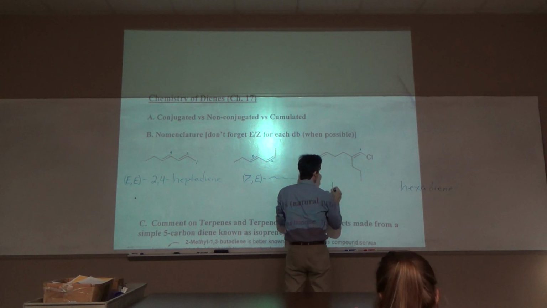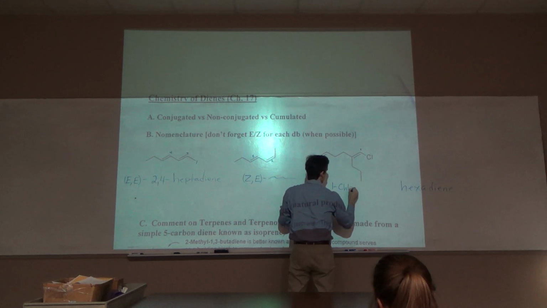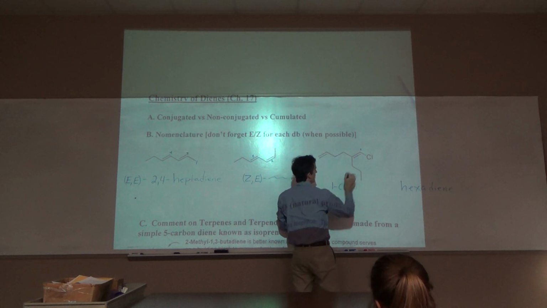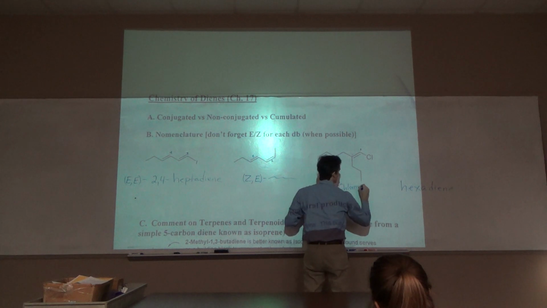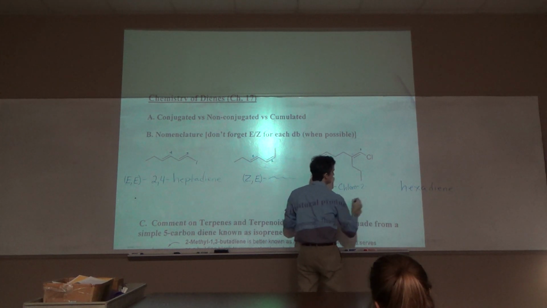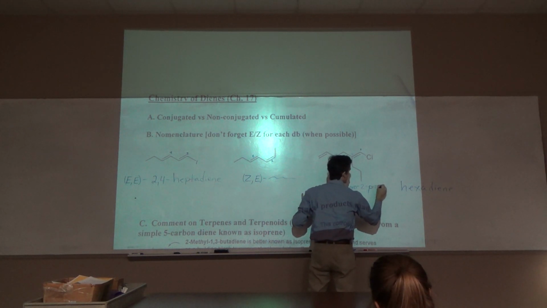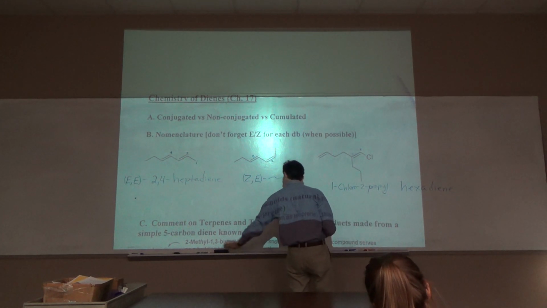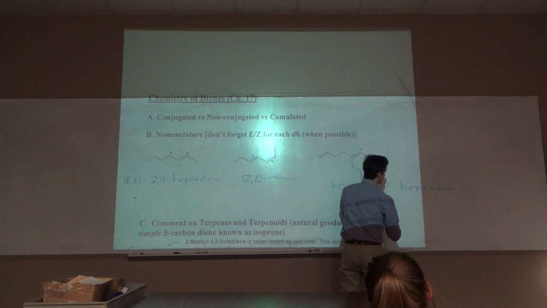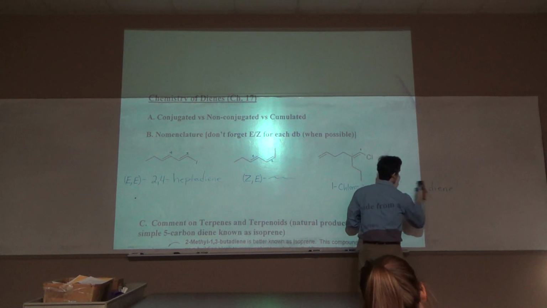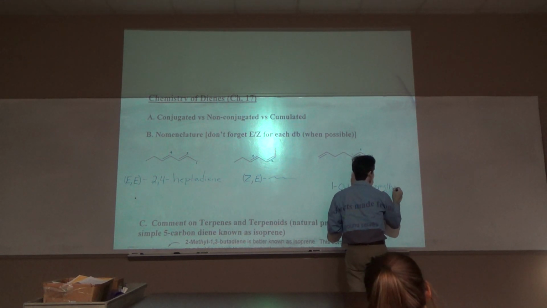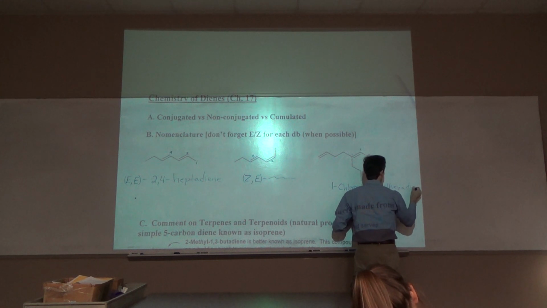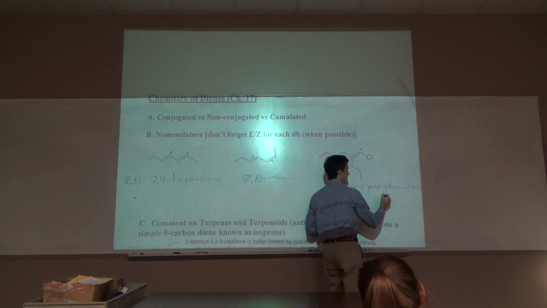We have 1-chloro. What's at the 2? 2-propyl. That should be all one word. Let's just erase here. Hexadiene. Just one word.